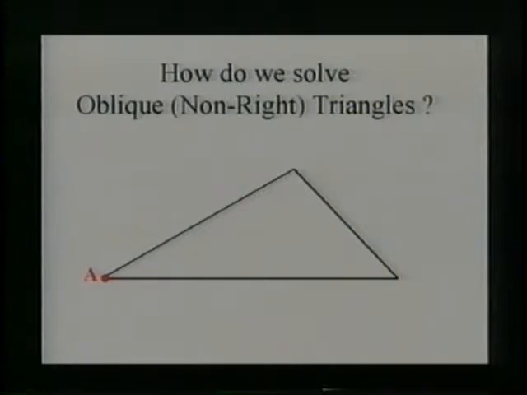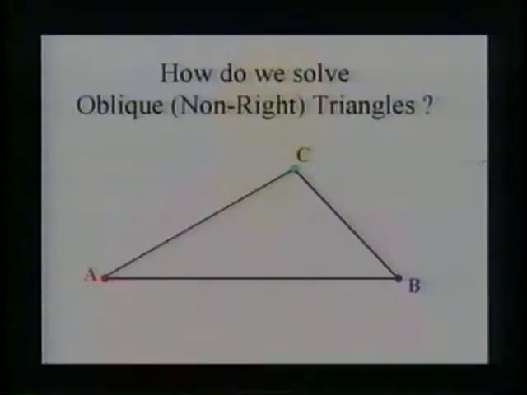If I talk about each of the corners or the angles being A, B, and C, remember that every time I use a capital letter from now on, I'm talking about an angle. As opposed to every time I use a small letter. A small letter is side a. Why did I call that side a?